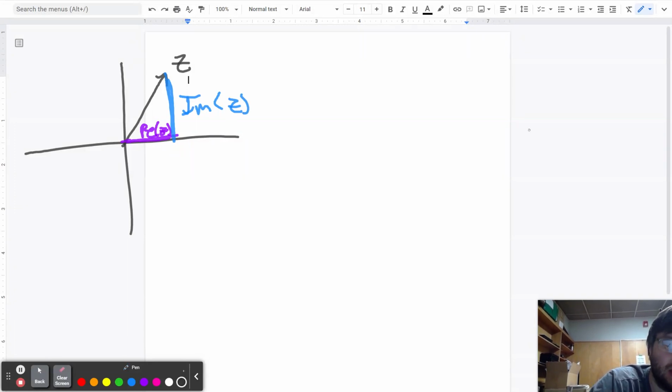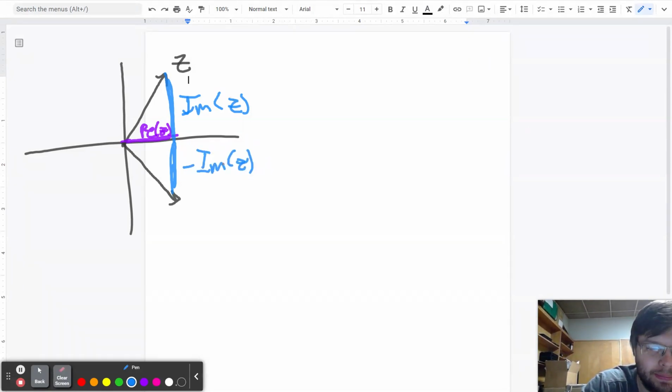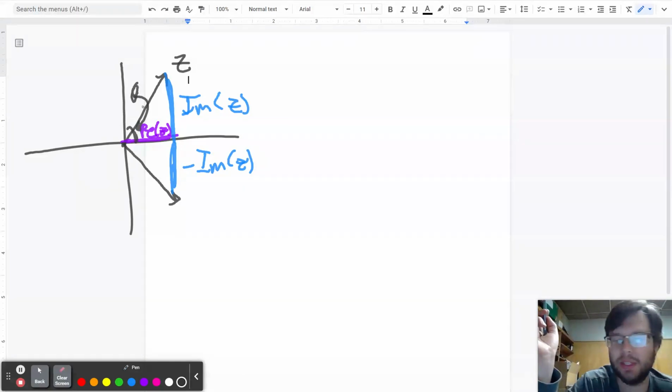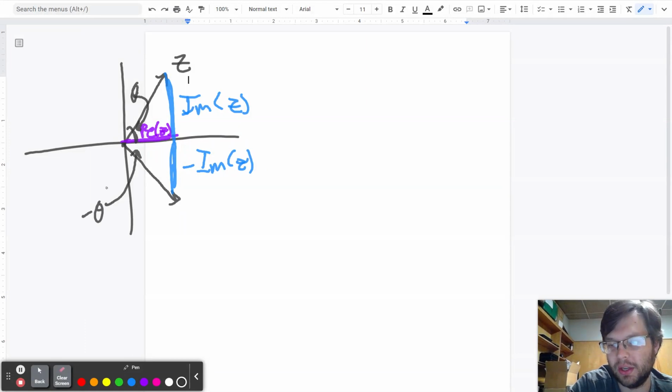Well, the complex conjugate is going to have the same real part, but opposite imaginary part. And this makes some beautiful symmetry here. If we use theta to represent the angle on one side, then negative theta is the angle for the conjugate.